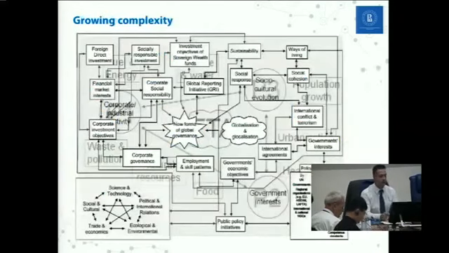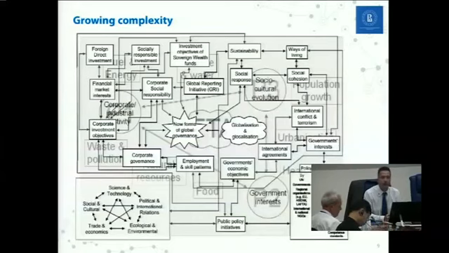At the same time, while all these things are happening, we are facing a growing complexity. You can see that there are a number of issues. There are sociocultural evolution and transformations. There are corporate, industrial, and research activities, and there are government interests.